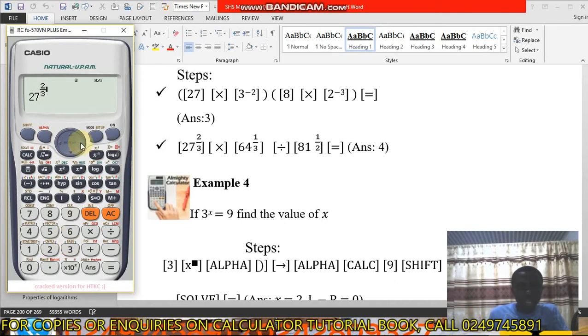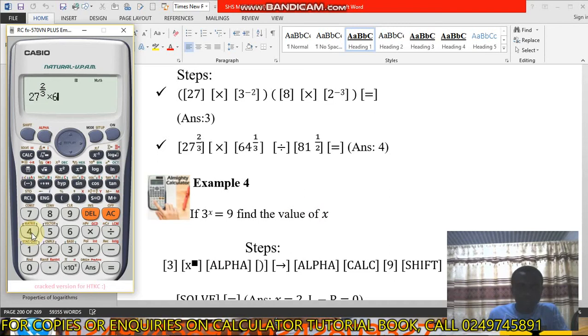Good. Now use the right arrow key to come to the center, so that we can enter our multiplication sign.